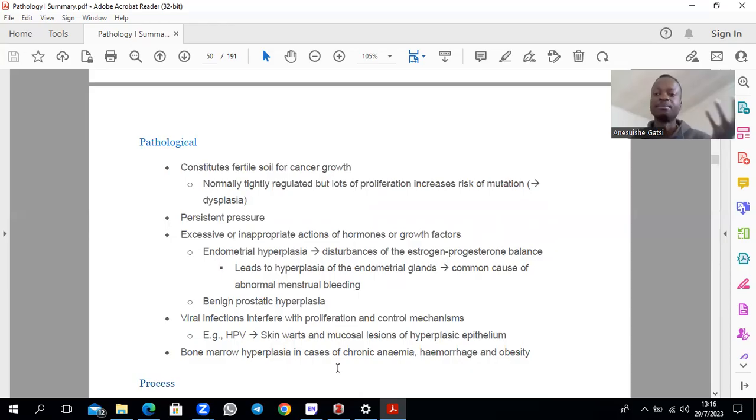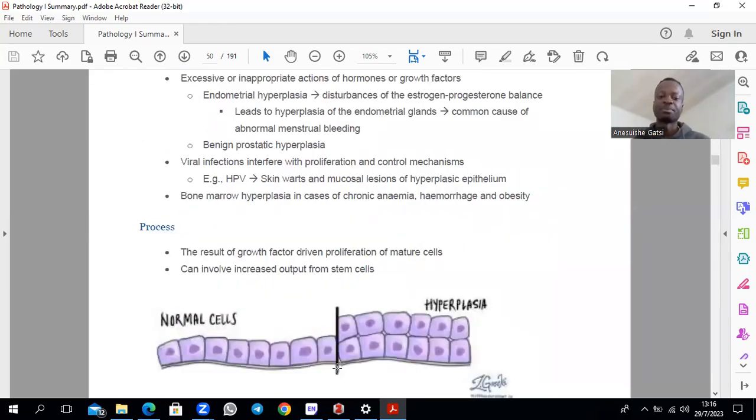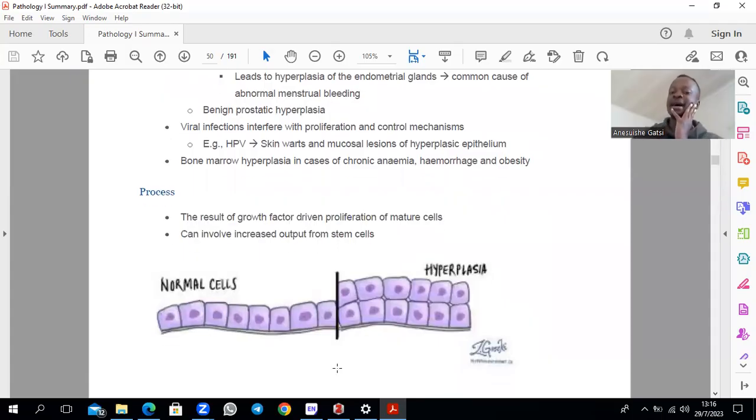Let's say in a tissue, someone has had profuse bleeding. They get into shock, or there's an increase in tissue demand for oxygen and the likes, right?